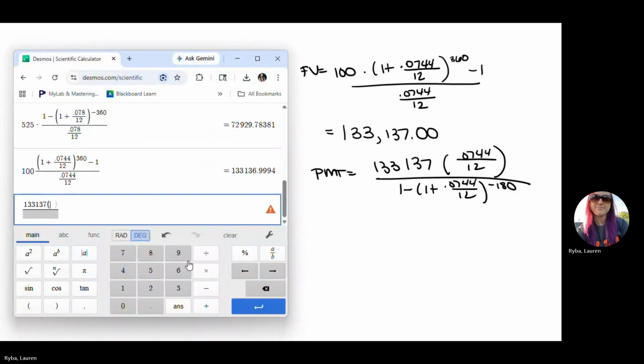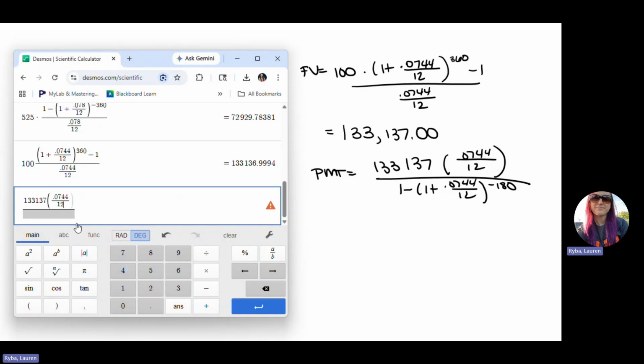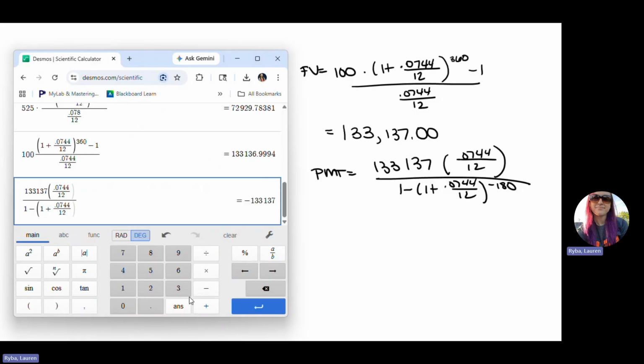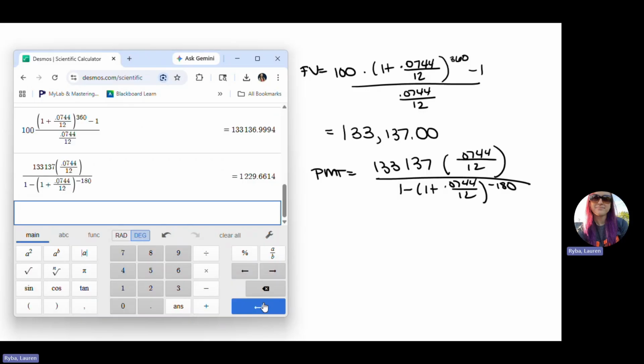So to the negative 180. All right, so I will be able to withdraw $1,229.66 every month for the next 15 years.